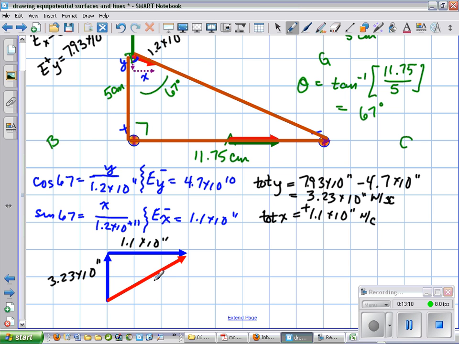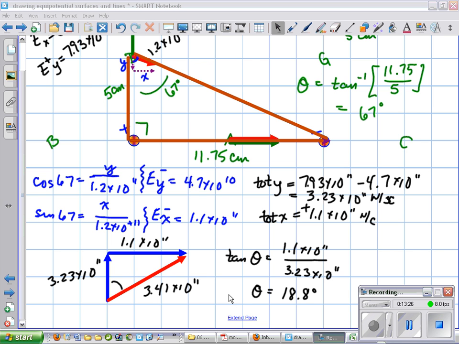So to find the hypotenuse, I do the Pythagorean theorem, and then to find the orientation relative to, in this case, the positive x-axis, I could do inverse tangent. Putting that in the calculator, I use Pythagorean theorem to find this, and I just eyeball my magnitudes. This looks very reasonable for the hypotenuse based on the length of those two sides. Then I use tangent, which is opposite over adjacent.